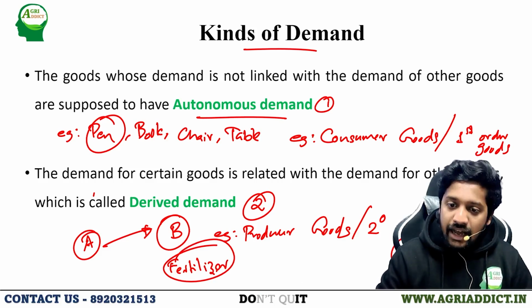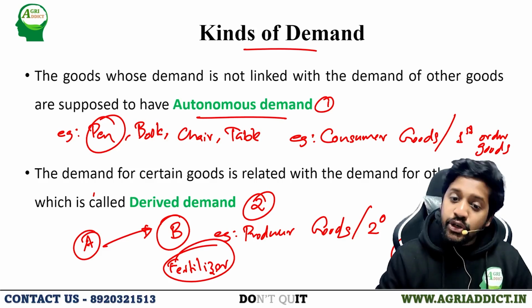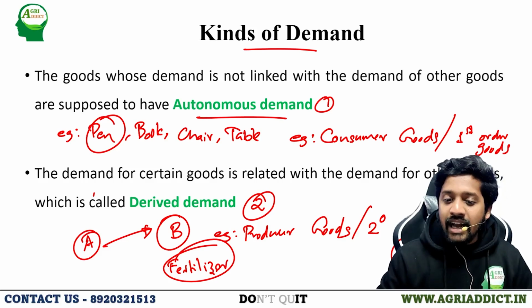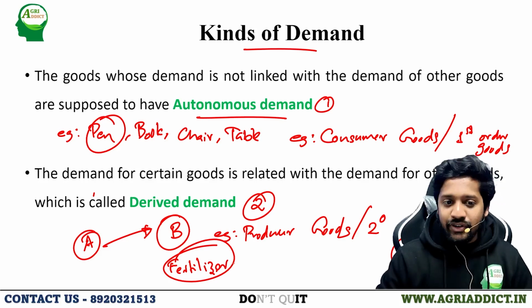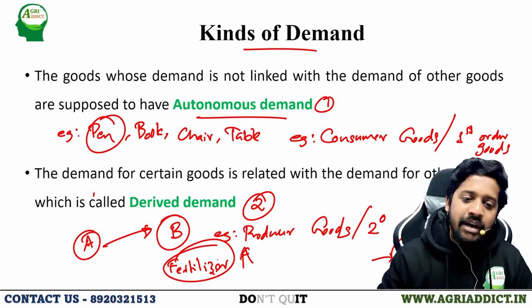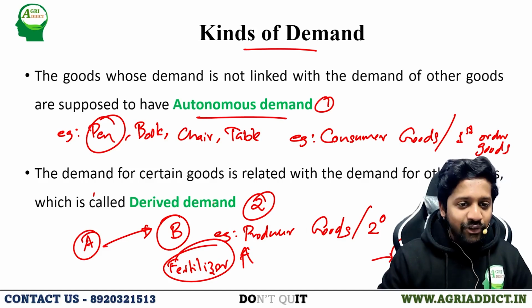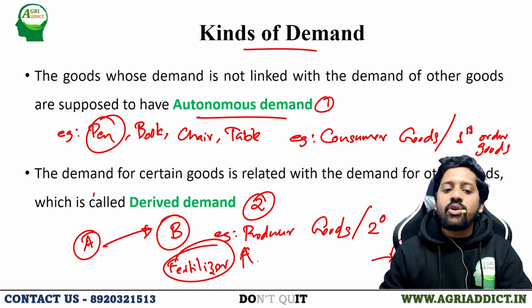If rice is having a higher market price, then I will be producing more rice, right? So in order to increase the area or the production of the rice, I have to use a higher dose of fertilizers or an increased quantity of fertilizer. So demand for the rice in turn creates demand for fertilizer, right? So demand for a certain good is related with the demand for other goods, which is called derived demand.